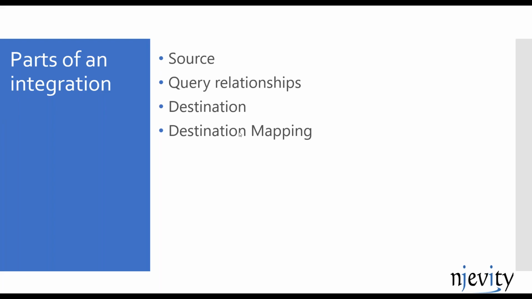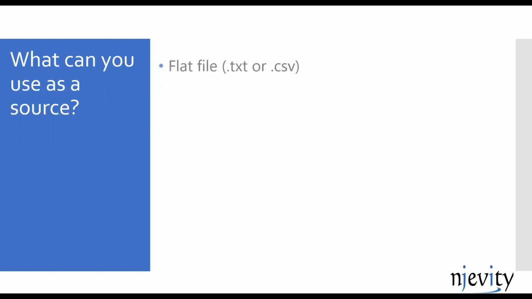And then your destination mapping is where you say, okay, I want to take the account number field in my text file and make sure that goes into my account number string field inside of GP, or I want this field that might be called description from client or something like that to actually be the reference inside of GP.